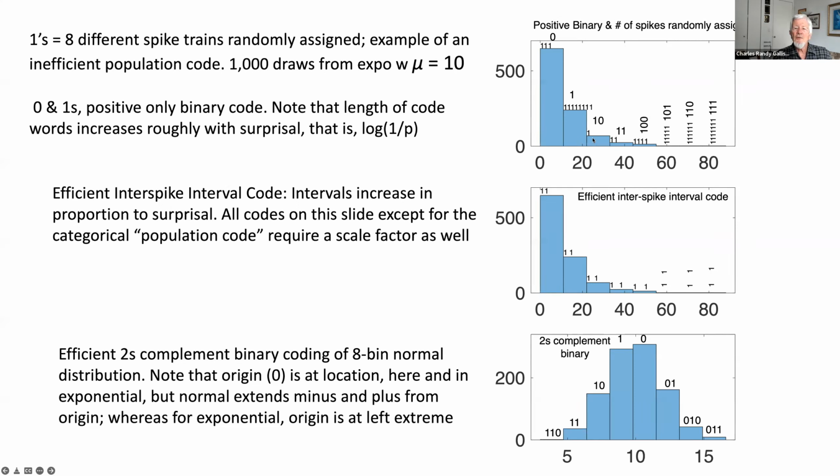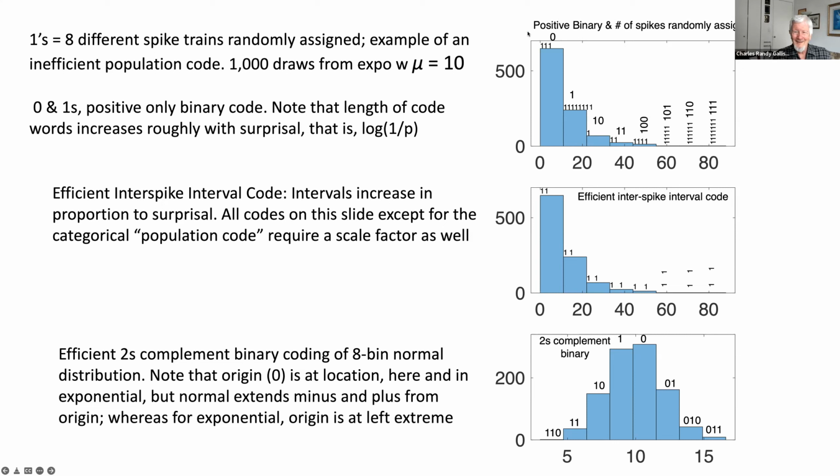We'll just assign them to the different possibilities at random. So we represent this interval with 3 spikes, and this interval with 8 spikes, and this interval out here with 7 spikes, and this one with 2 spikes, and so on. Just think of these as spike trains. Well, this is a wildly inefficient code.